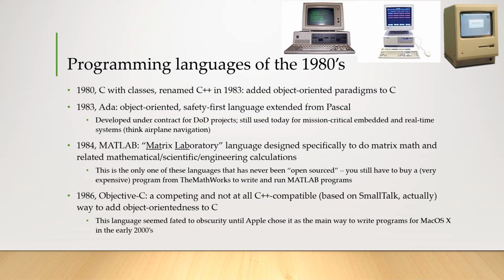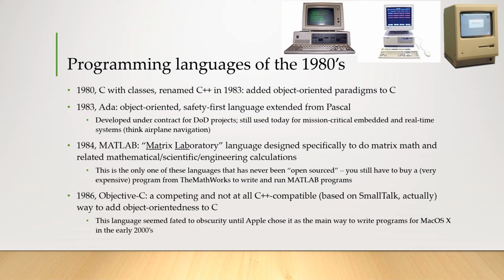In the 1980s, C was expanded with classes or objects, and that was renamed C++ in 1983 as a pun on the ++ increment operator in C. 1983 also got Ada, named after Countess Ada Lovelace, who was the first programmer.